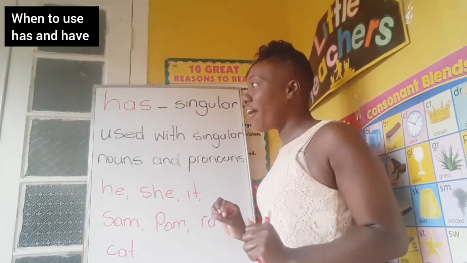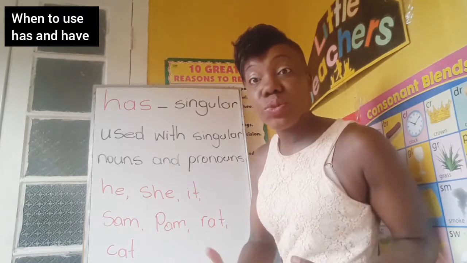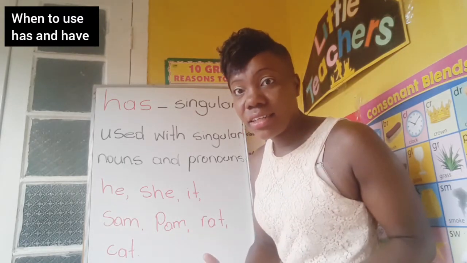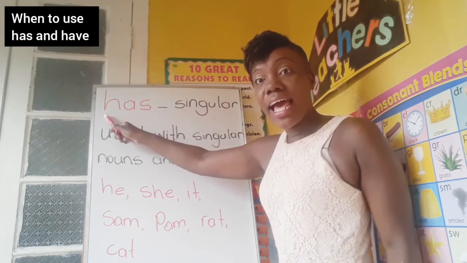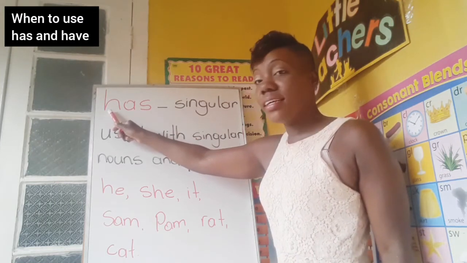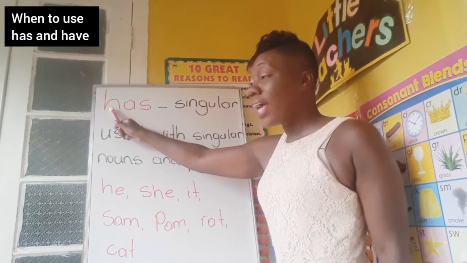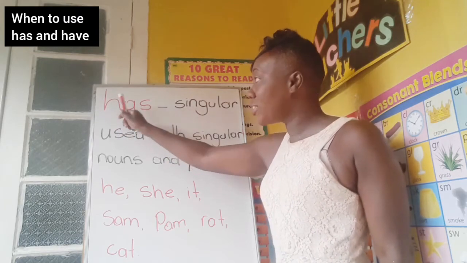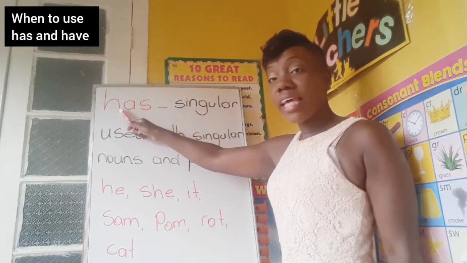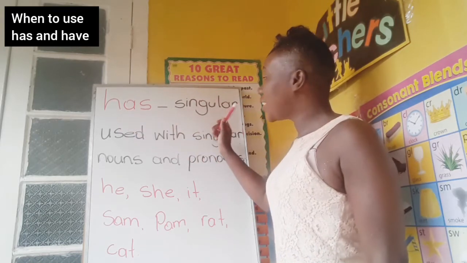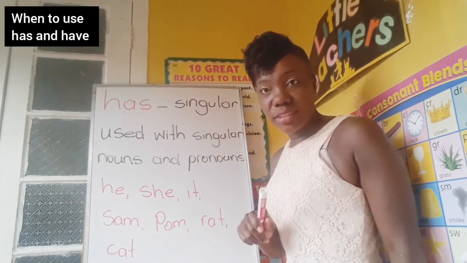Now we are going to learn about when to use has. Has, there's an H on the word has, and the H says, so it is has. Say that, boys and girls. Has. So we use has with singular nouns.